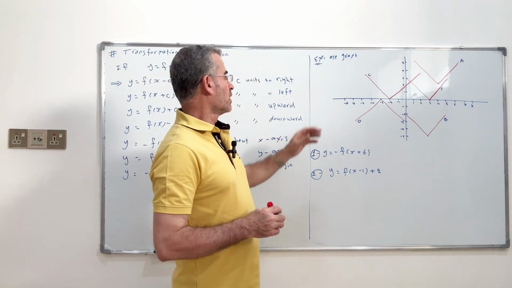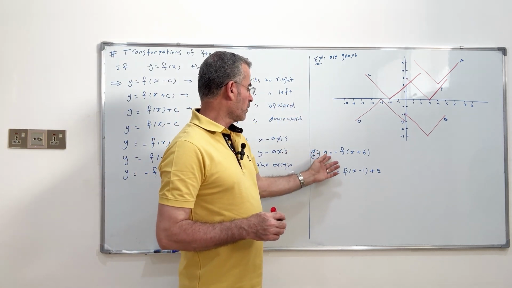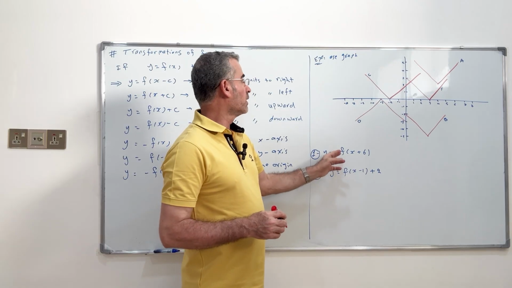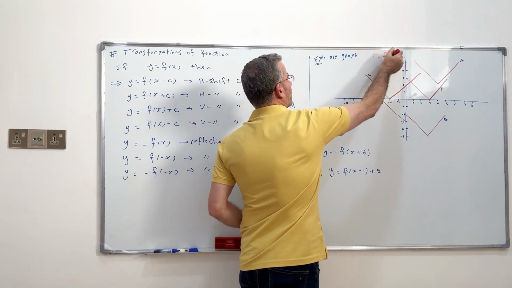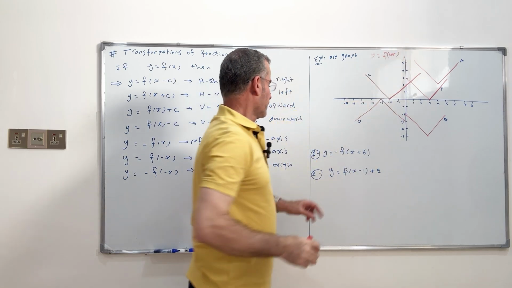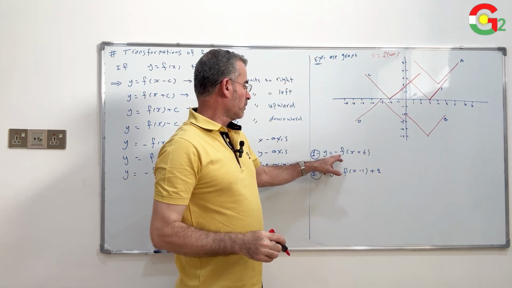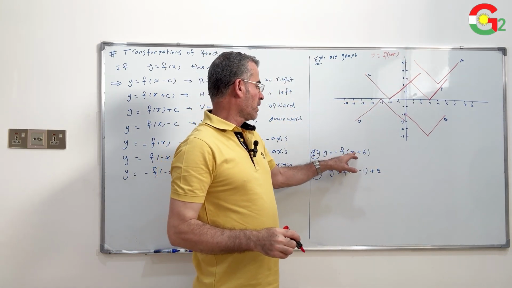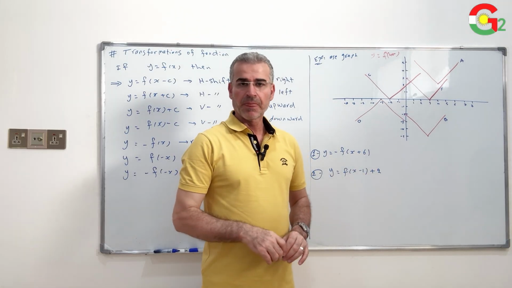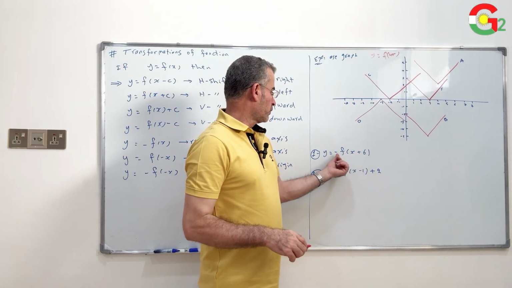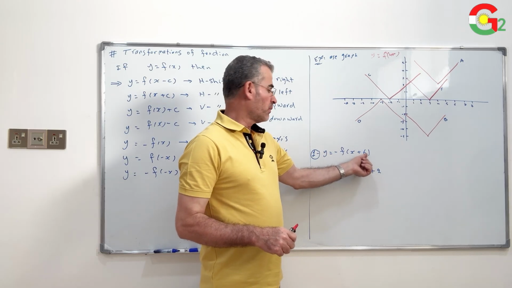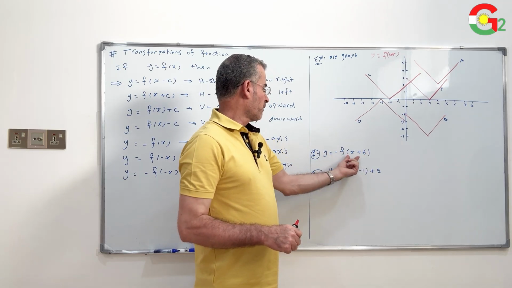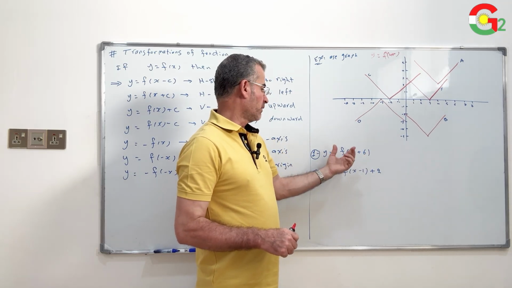Example: use the graph of y equals f of x to find y equals minus f of x plus 6. We have two transformations here: x plus a number and the function preceded by a negative.